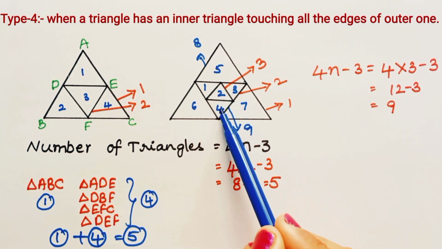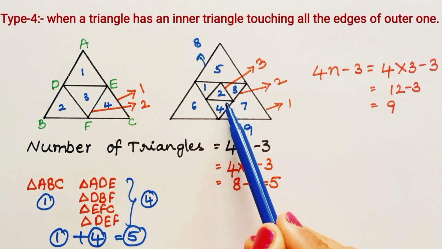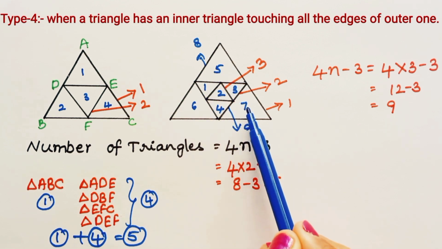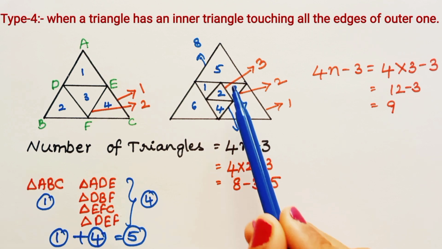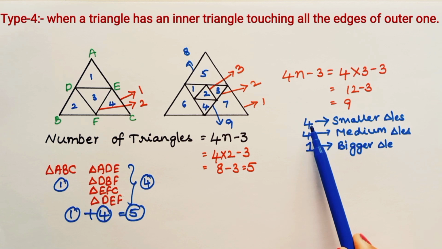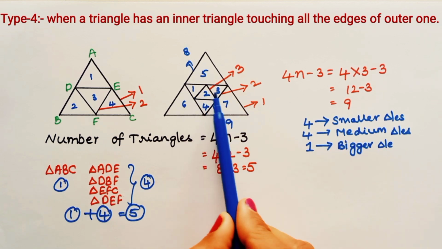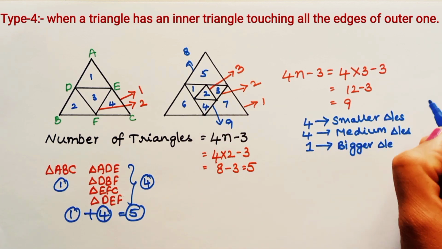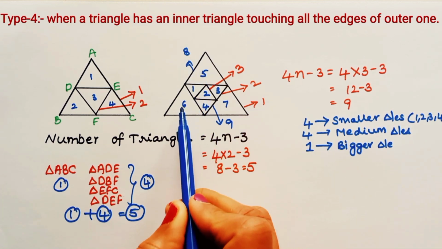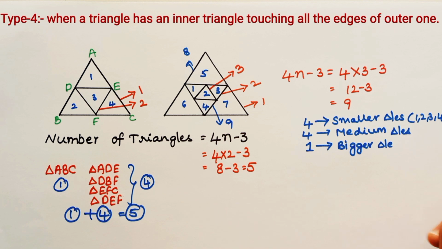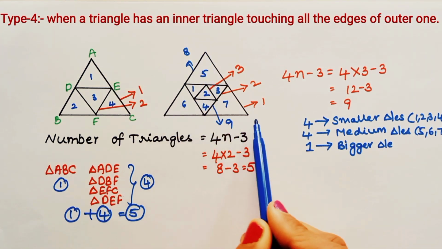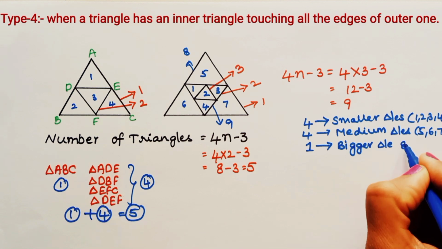1, 2, 3, 4. There are 4 smaller triangles, and 5, 6, 7 and 9 are medium triangles and one bigger triangle. So there are 4 smaller triangles 1, 2, 3, 4 and 4 medium triangles 5, 6, 7 and then 9, and there is one bigger triangle 8.